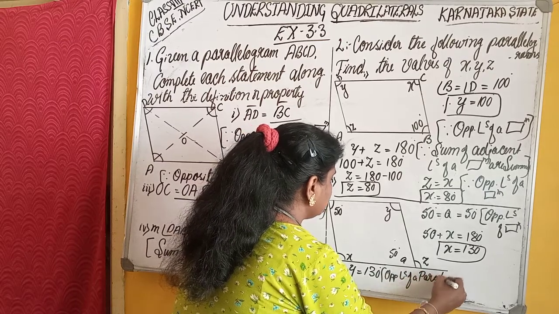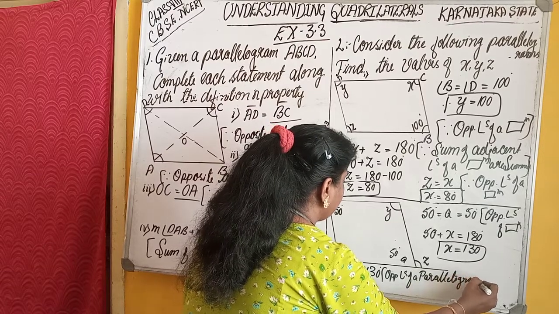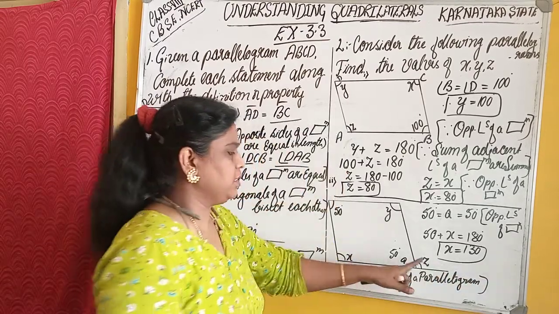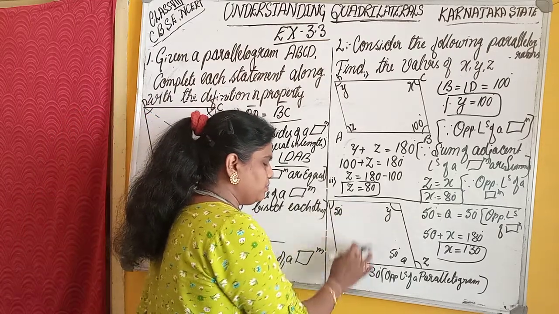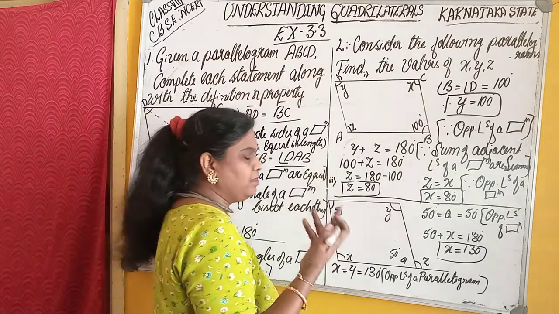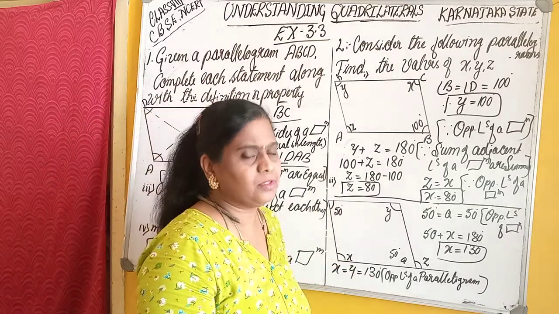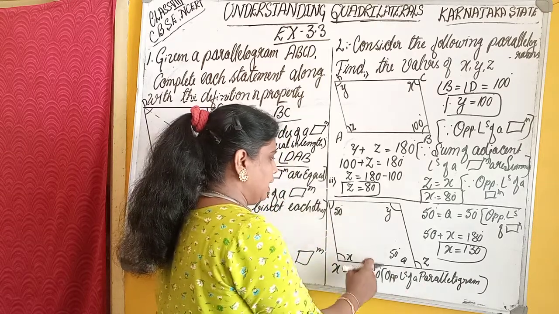Okay, students. Next, only one angle is left, that is z. Here we know that the opposite sides of a parallelogram are parallel. Even the name says parallelogram, the two sets of parallel sides are there, and these two are parallel lines.